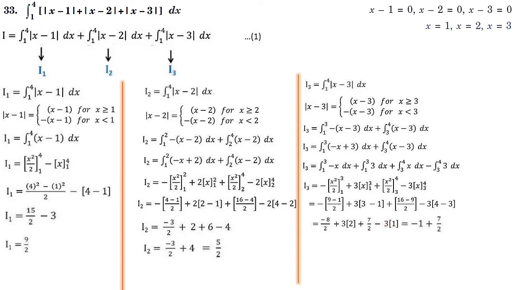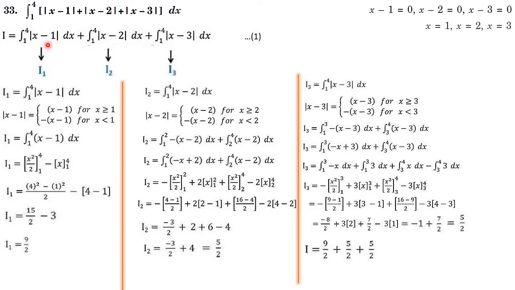Then a little bit of work: minus 4 plus 6 is 2, then 2 minus 3 is minus 1, plus 7 by 2, taking LCM, 2 into minus 1, that is minus 2 plus 7, which is 5, so 5 divided by 2, that is the I3 value.